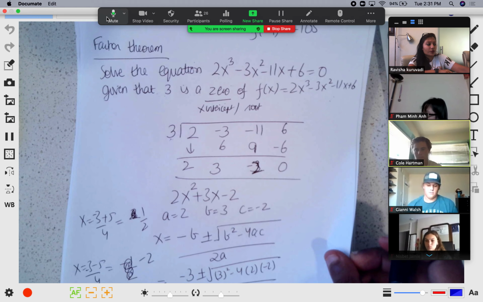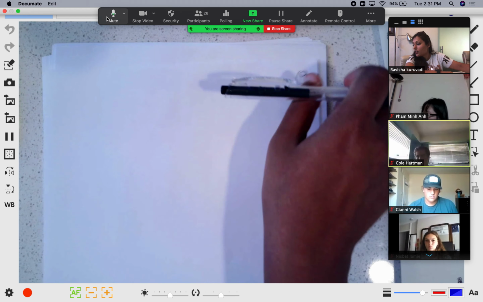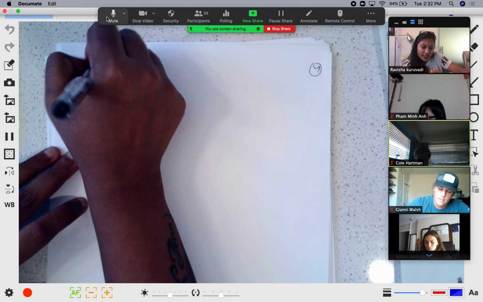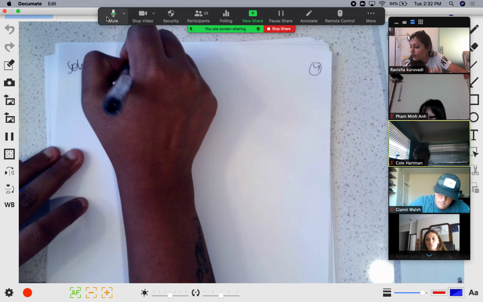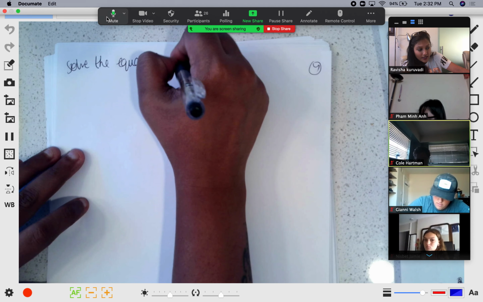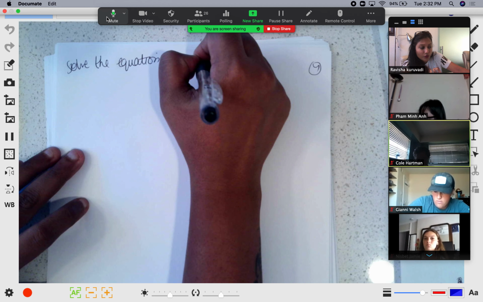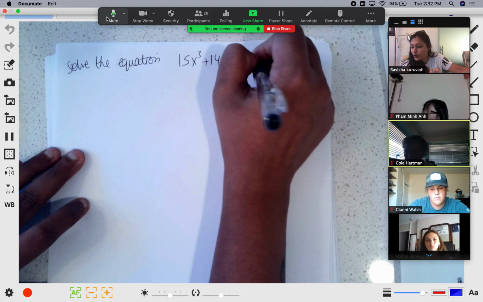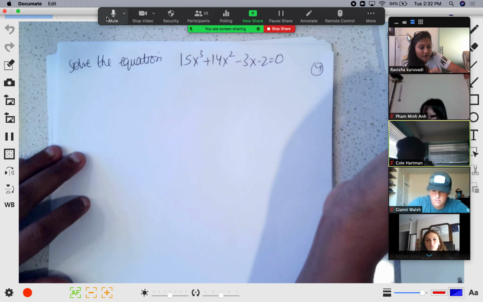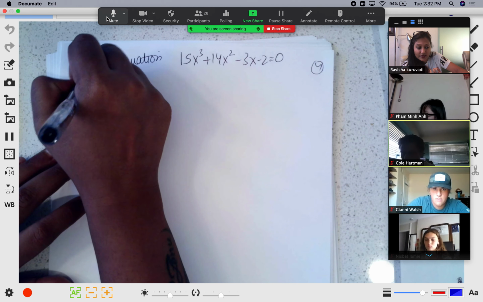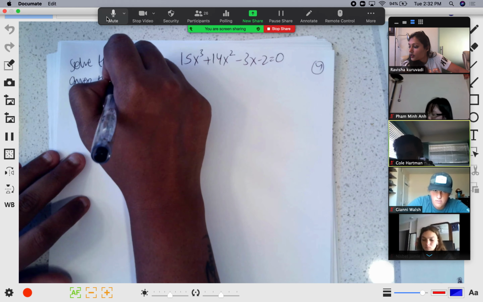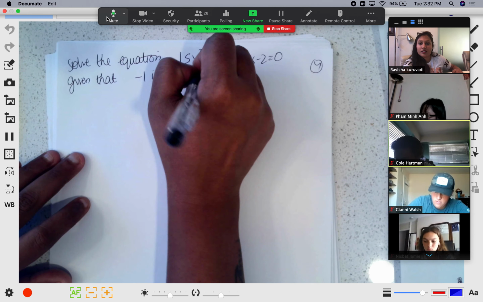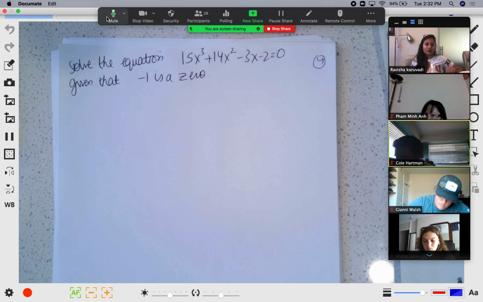I want everyone to do this problem themselves here. It says solve the equation. You're given the equation 15x cubed plus 14x squared minus 3x minus 2 is equal to 0. Given that -1 is a 0, you need to find all the zeros. Solve this right now.